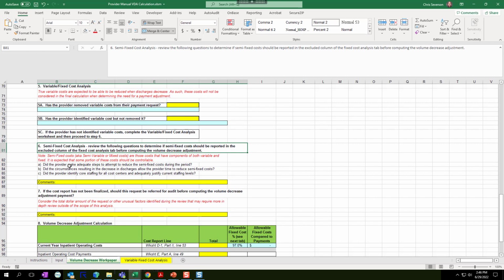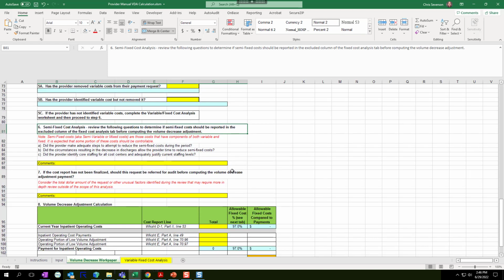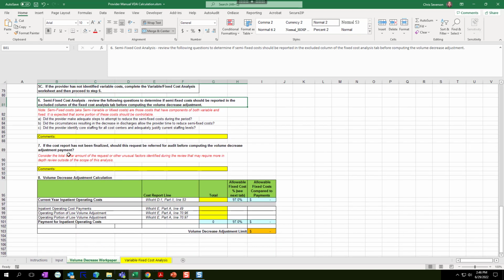And number 6, did you take a look at the semi-fixed cost, and did you make attempts to try to reduce those costs? Depending on how much time there was, if it was a sudden event, then certainly there wouldn't be much time to reduce them. But if it's been a trend, then we would expect some reduction, or at least attempts to reduce it.